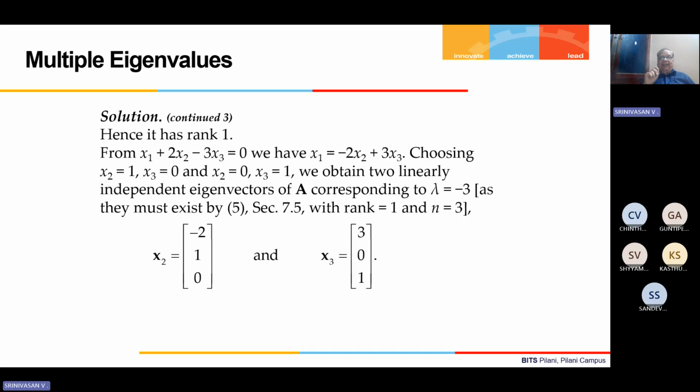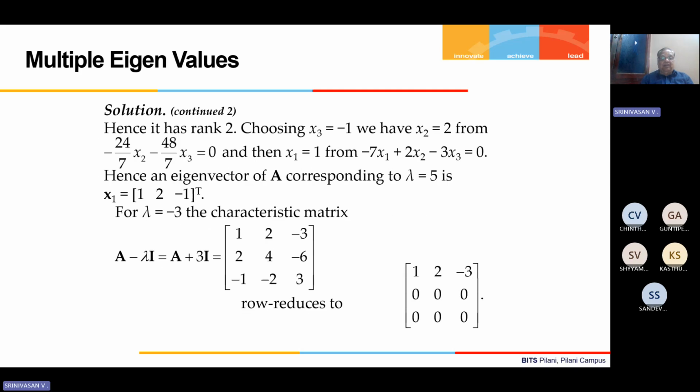So the number of linearly independent vectors, small m lambda, when lambda equal to -3 is 2 for this example. That is, you are getting two different eigenvectors for the same eigenvalue lambda equal to -3, which gets repeated. And the number of times the eigenvalue lambda equal to -3 is repeated is 3.